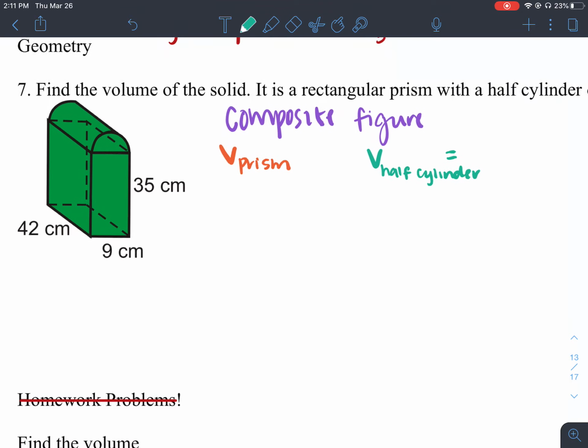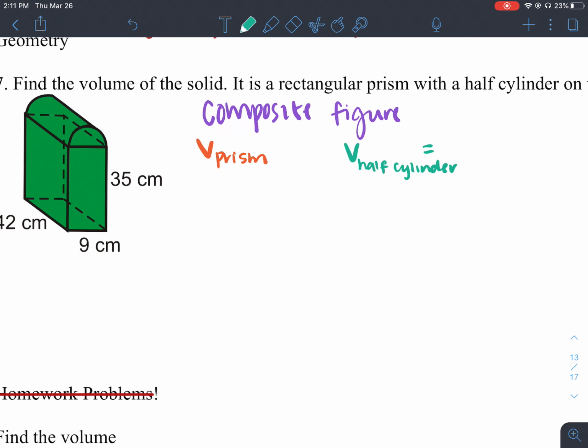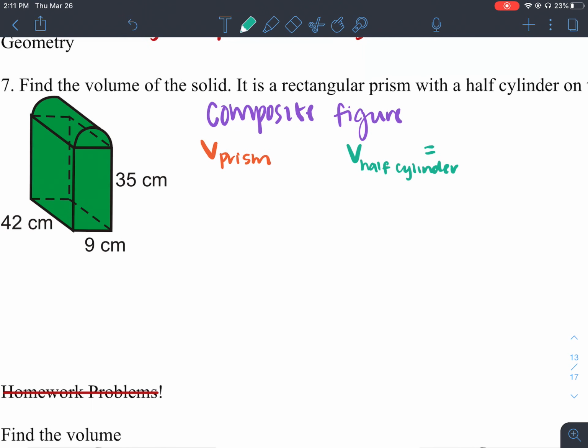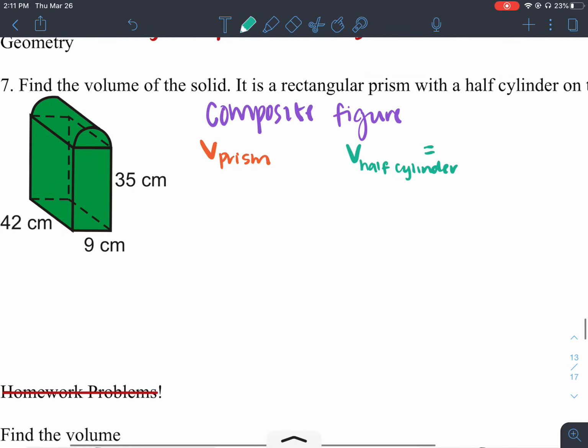So for the volume of my half cylinder, we're going to start with the more difficult one first here. If I look at this, the volume for a cylinder is area of the base times the height. This is half of a cylinder, so it's going to be 1/2 the area of the base times the height. And if I think through it, a cylinder's base is a circle. So this is my area of my circle.